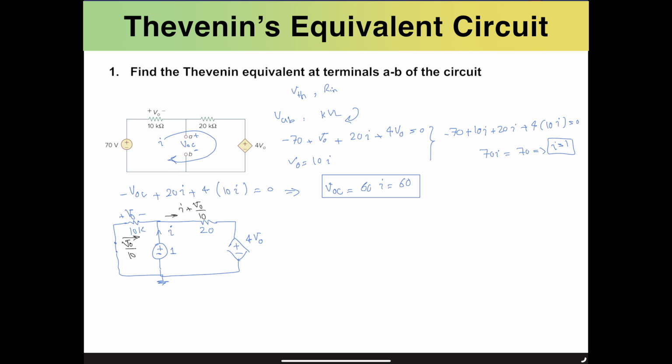We can make use of a KVL in our structure such that it incorporates all of the paths, for instance, this path or even this path. But it would be easier for us to engage this path, for instance.